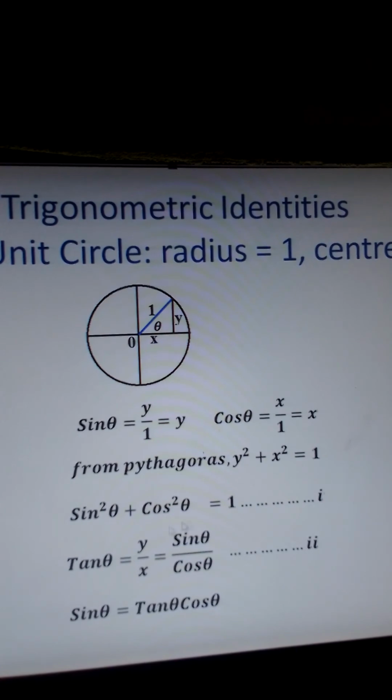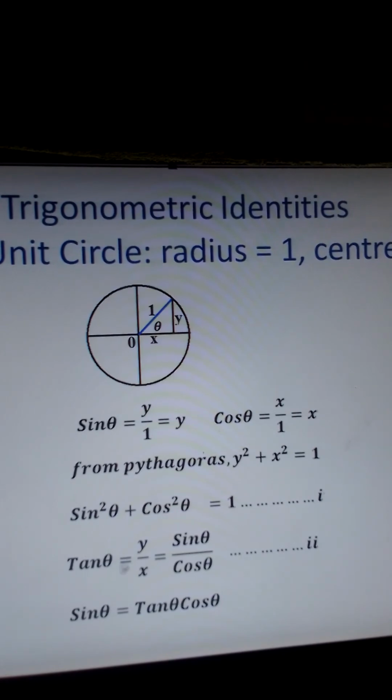Next is to write an identity that involves tan theta. The tangent of theta is equal to the opposite side divided by the adjacent side. In this case, the opposite side is y, or sine theta, and the adjacent side is x, or cos theta.